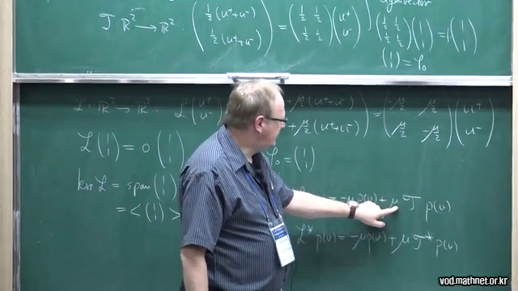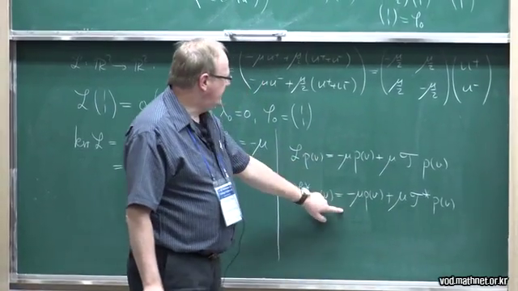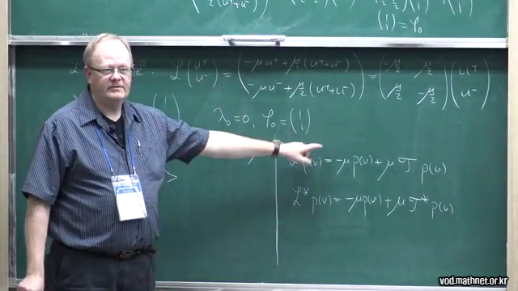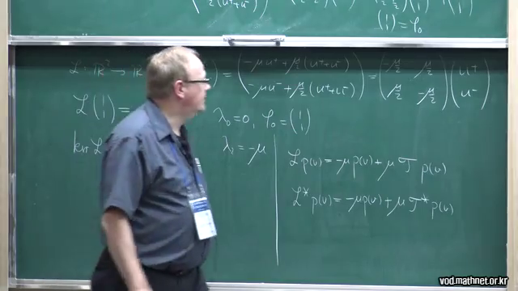First of all, you multiply with the factor of mu here, and then here you have basically the identity map which you add.